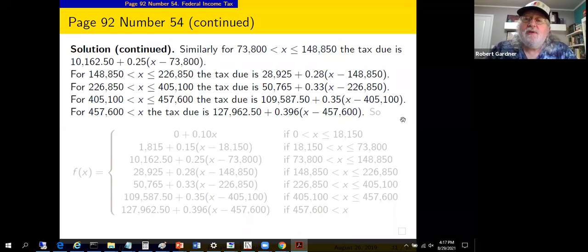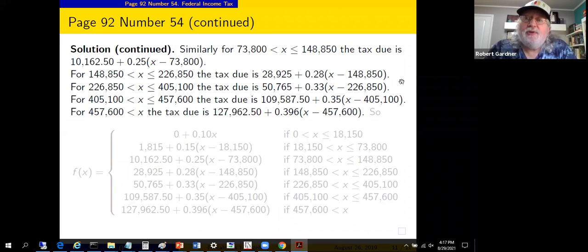That produces the following in the same way. It's always, if you lie in a certain range, then you pay a flat rate plus a percentage of the amount you made above that lower bound on that tax bracket. There's the amount you made, there's the lower bound subtracted away. This is what they call that excess income.